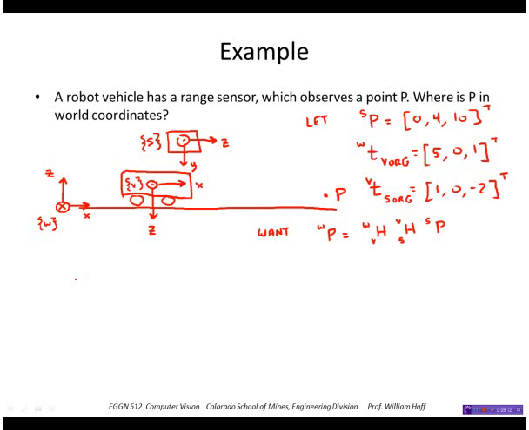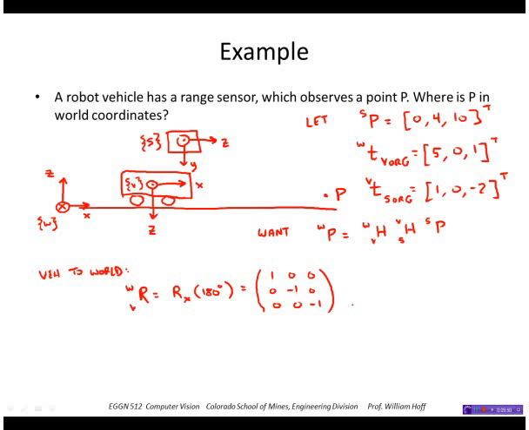So the vehicle to world transform, we are going to need the rotation piece of that, and obviously it's just a rotation about the x-axis by 180 degrees, which is 1, 0, 0, 0, minus 1, 0, 0, 0, minus 1.